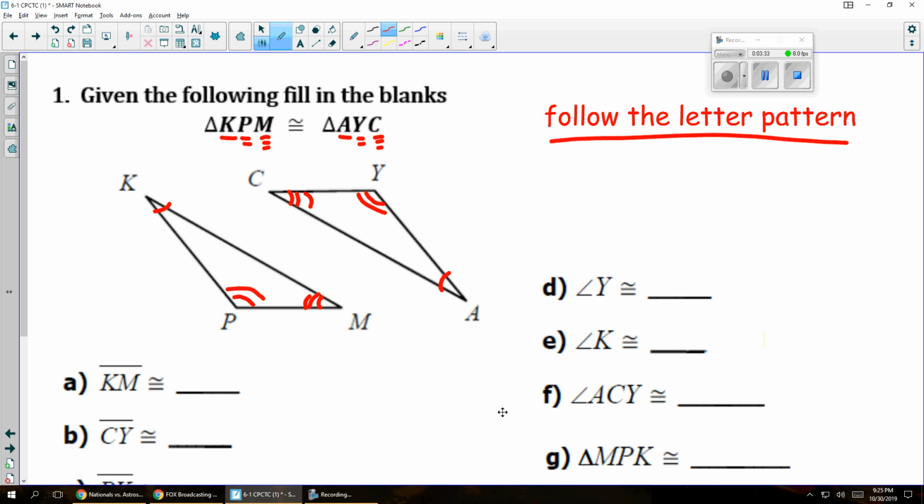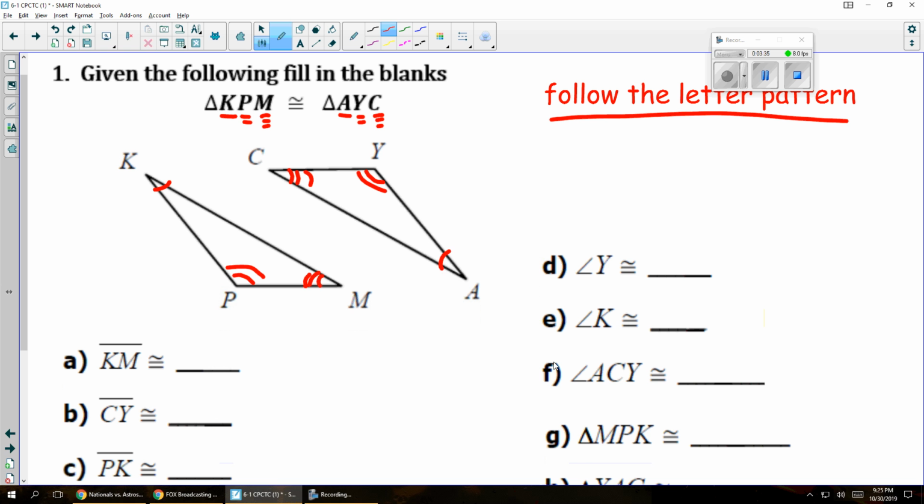And so I can look at the angles to begin with. I'll skip the first couple, and I see that angle Y, the middle letter, matches up with the middle letter on the other triangle. And angle K, the first letter on the first triangle, matches up with angle A, the first letter on the second triangle.